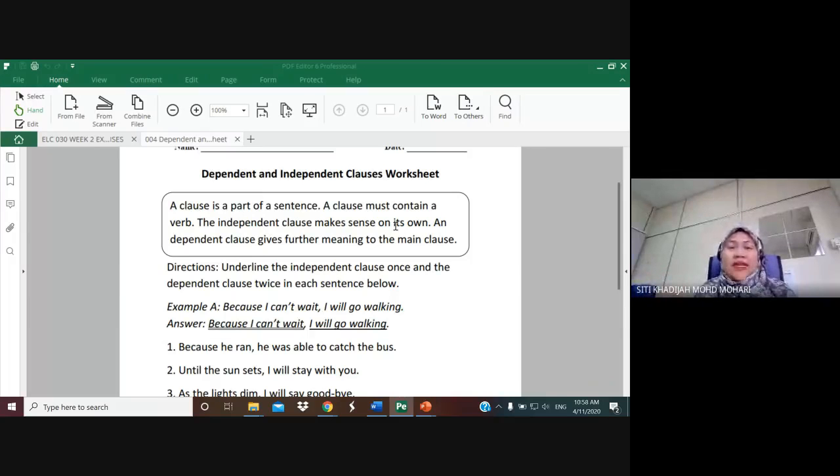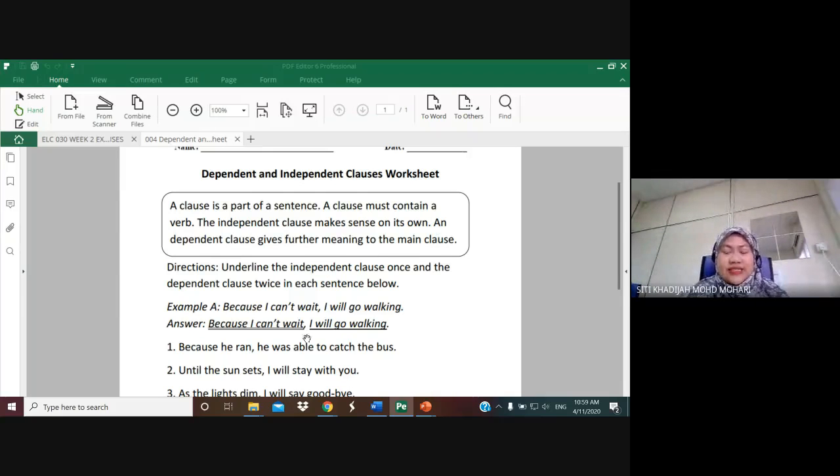The dependent clause means that it could not stand alone. The meaning is incomplete if you were to give just the clause only. So it needs another sentence or another clause to give a proper meaning.